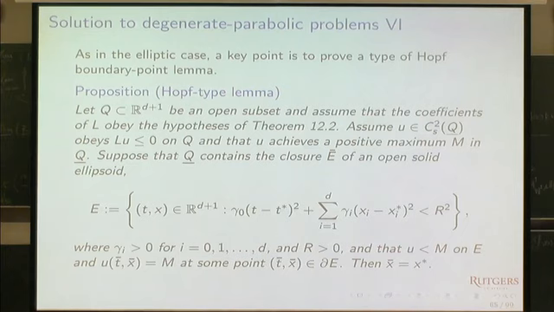Then x star is the center of this ellipsoid, you have this strict inequality on the ellipsoid, and u achieves this value M at a boundary point of the ellipsoid. Then the center of the ellipsoid and this tangent point, the spatial coordinates have to coincide.